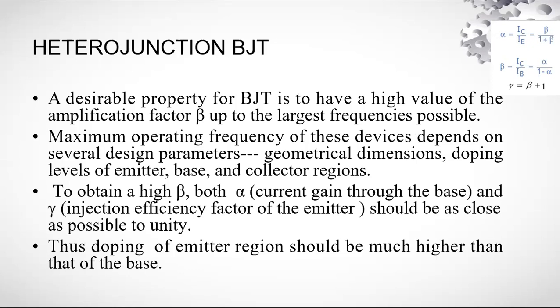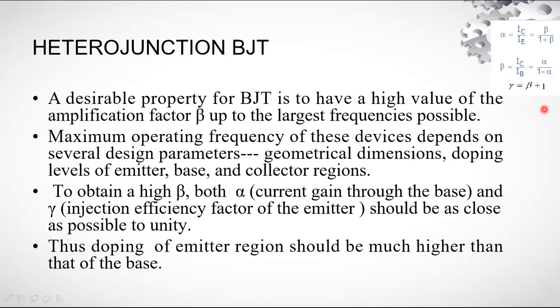So we know that to have a high value of beta, both alpha and gamma should be close to unity. You can see the equations here where gamma is equal to beta plus 1, beta is equal to alpha by 1 minus alpha.